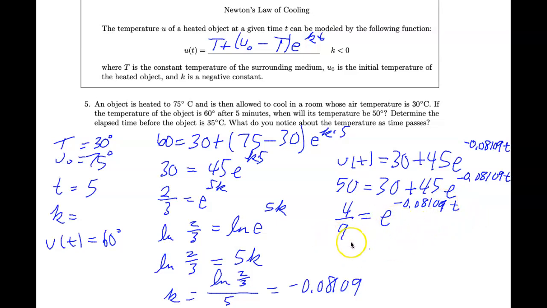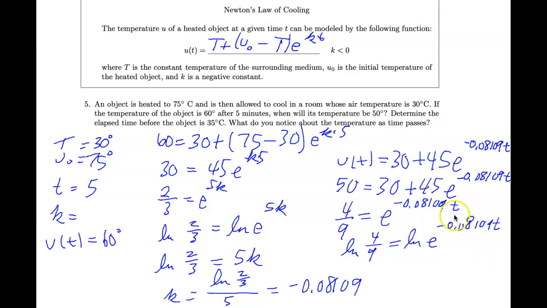We're going to natural log both sides. We'll end up with natural log of 4/9 equals natural log of e to the negative 0.08109t. The negative 0.08109t will come down as a factor.